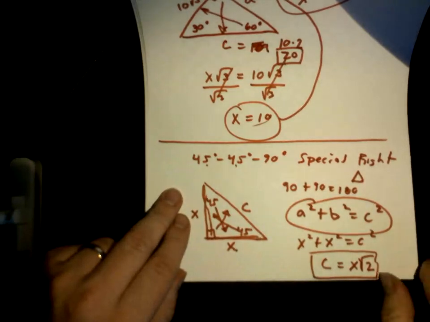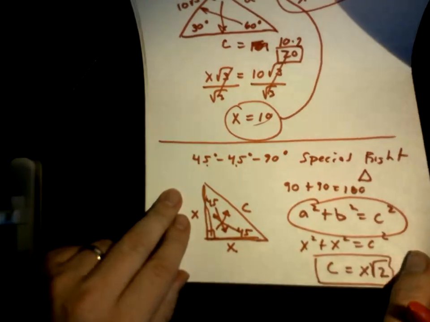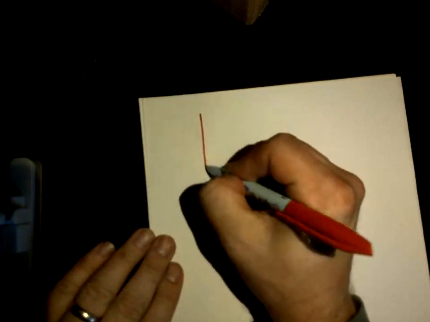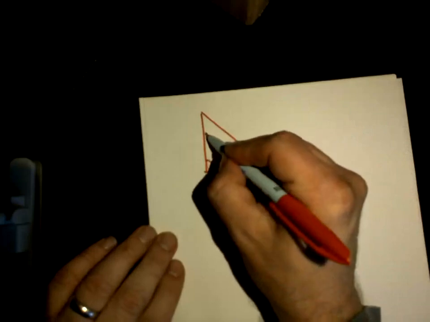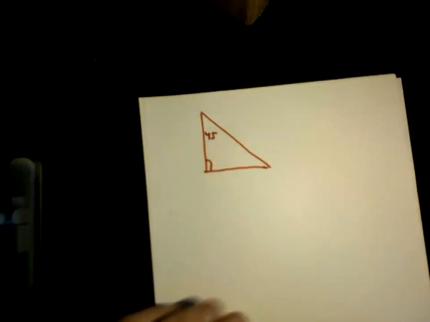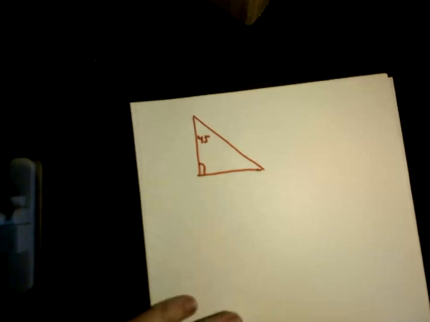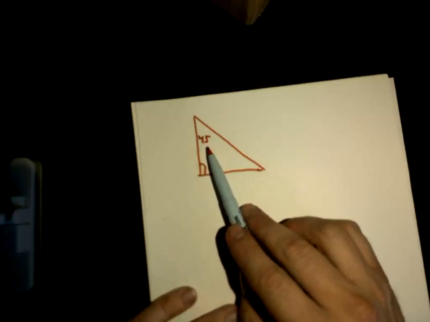So let's do one of these, and I think you're all set. I'm going to go ahead and take this away. Here's our triangle, and this is a 45. Now I'm just going to put 45 and 90. You know darn well that this should be a 45, 45, 90 because of 180 minus 90 minus 45.